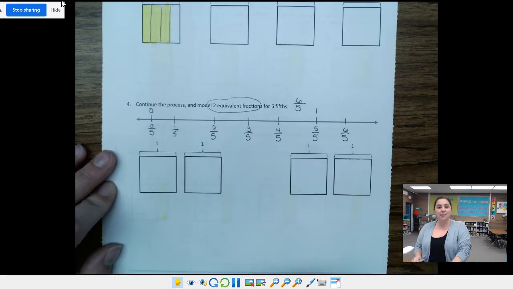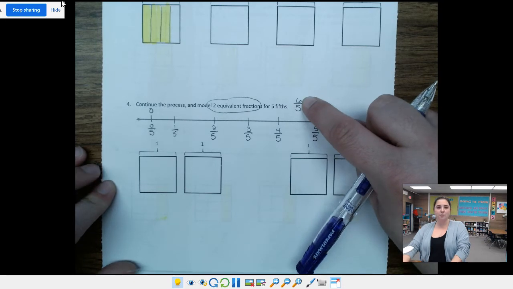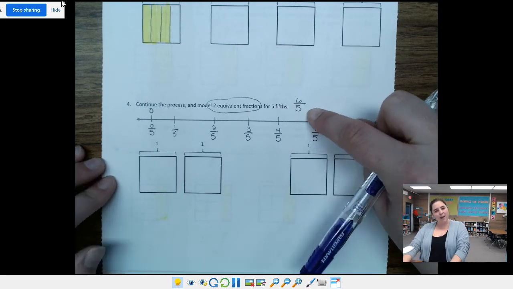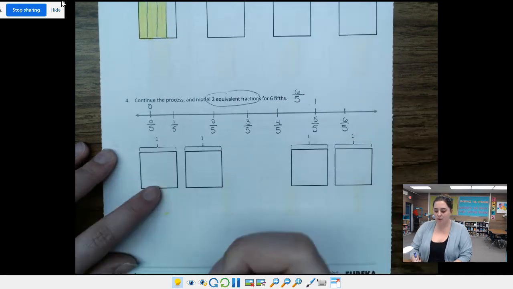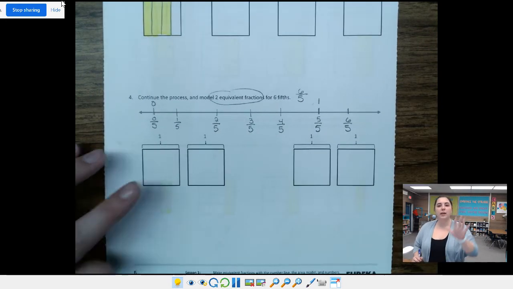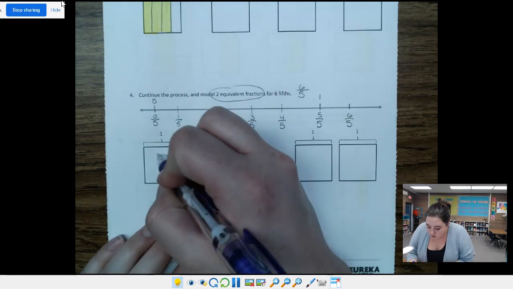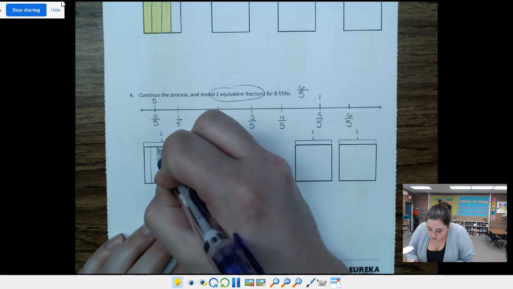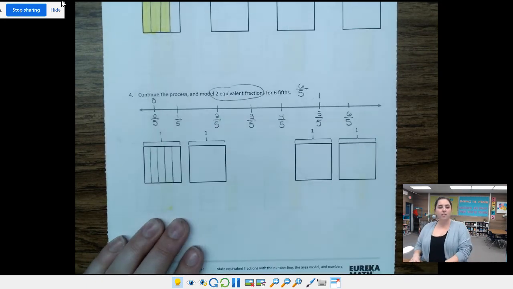Let me show you what 6/5 would look like. It's saying I have 6 shaded pieces out of 5. How can you have 6 out of 5? I'm going to take one of these boxes and I want you to make it into 5 pieces. So remember, 5 pieces, 4 lines. 1, 2, 3, 4 lines.